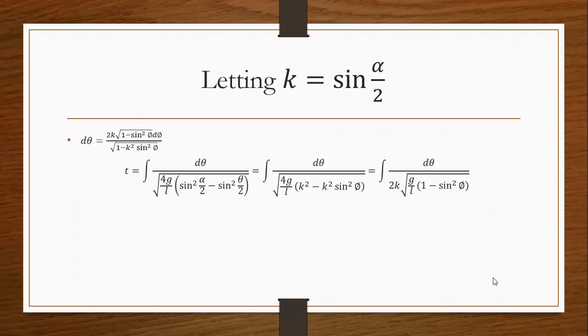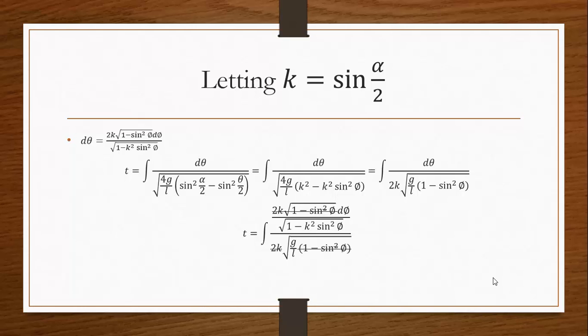So, substituting d theta into the equation of t, we get t equal to the integral of 2k times the square root of 1 minus sine squared phi d phi over the square root of 1 minus k squared sine squared phi, all over 2k times the square root of g over L times the quantity 1 minus sine squared phi.